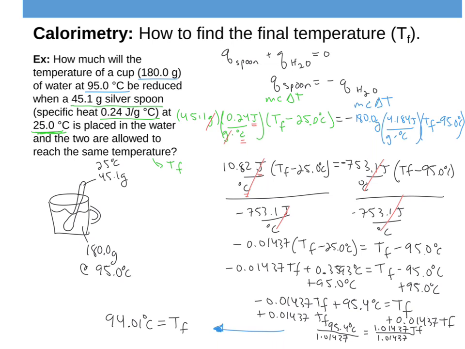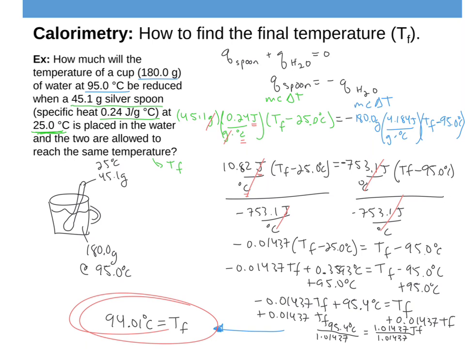Or in other words, that is your final temperature. Your final temperature of that situation should be 94.01 degrees Celsius. Or in other words, adding that silver spoon to your water reduces it about 1 degree Celsius. That's what all of that work just said.